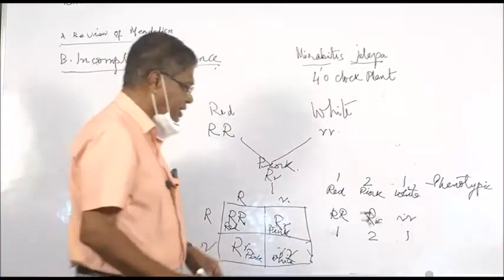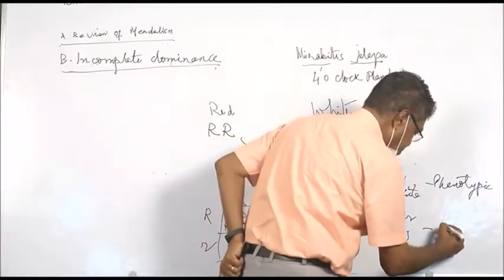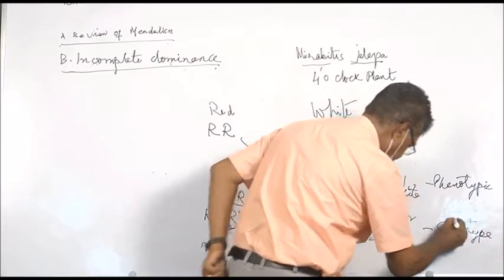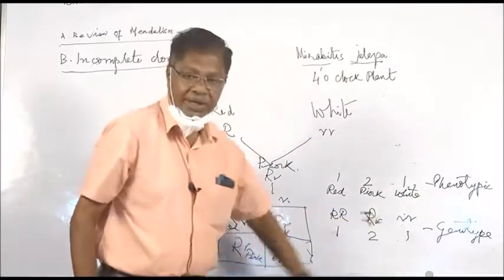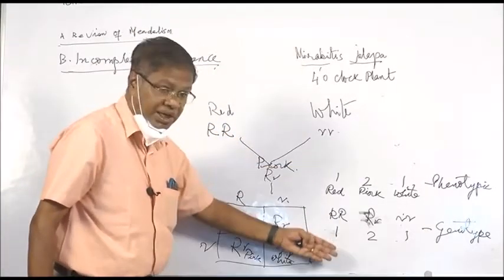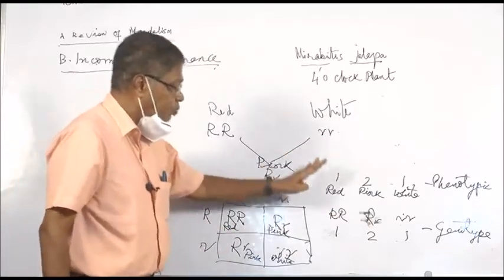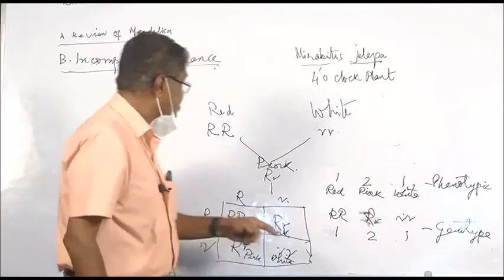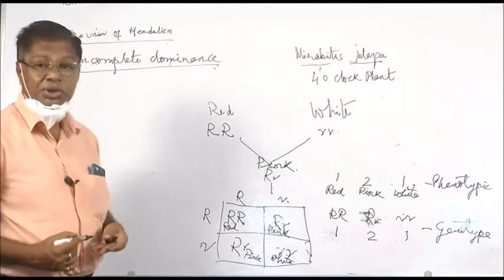So the genotypic ratio is 1:2:1. You can mark here that the phenotypic ratio and the genotypic ratio are both the same. That is the expression of incomplete dominance.